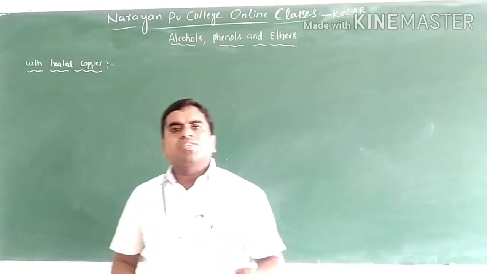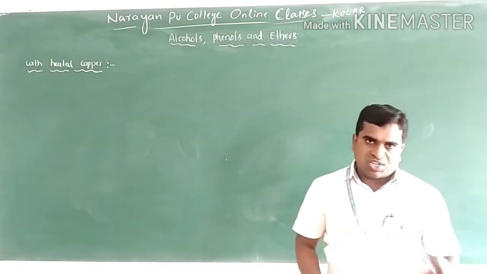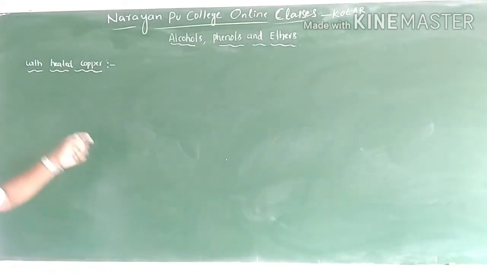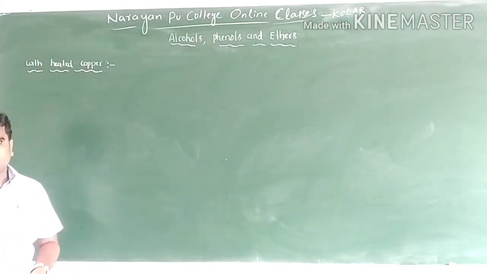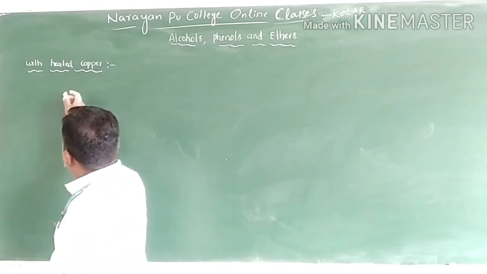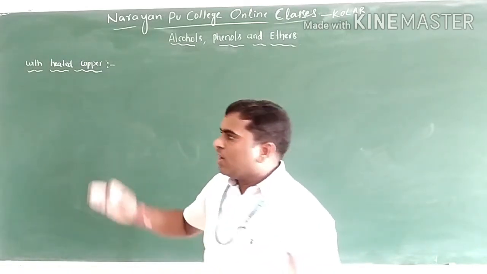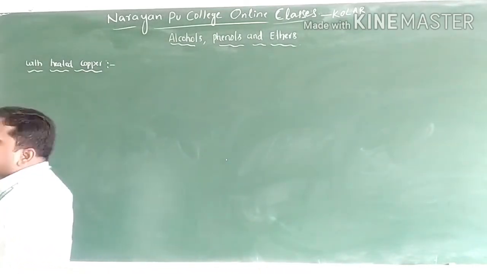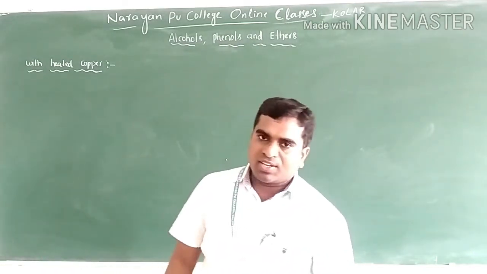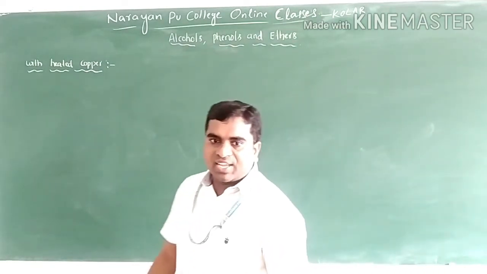You already know tertiary alcohols will not undergo oxidation. Clear? So next is oxidation with heated copper. The vapors of primary, secondary and tertiary alcohols are passed over heated copper at around 300 degrees centigrade, or you can simply say 573 Kelvin.